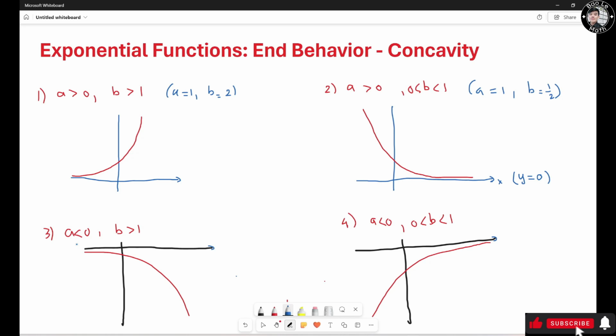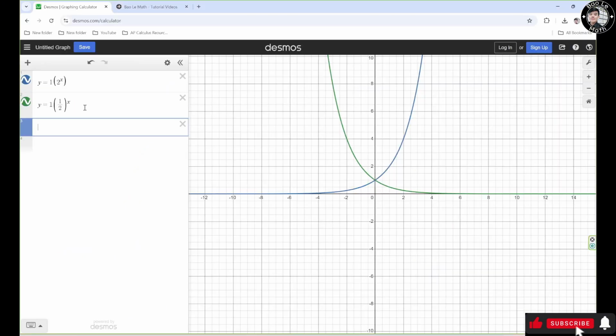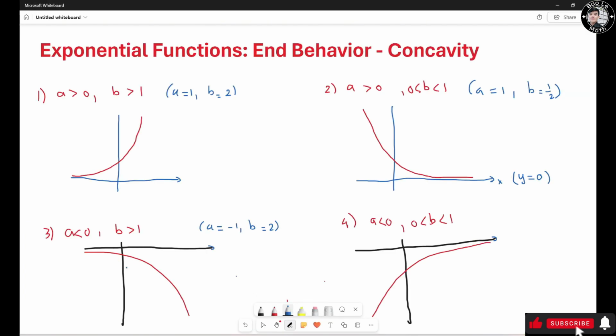Now, case number 3, a less than 0, b greater than 1. So I'm going to let a equal -1, b equal 2. So the third case, y equals -1 times 2 to the power of x. Alright, it's going to be right here, so it looks like this one.